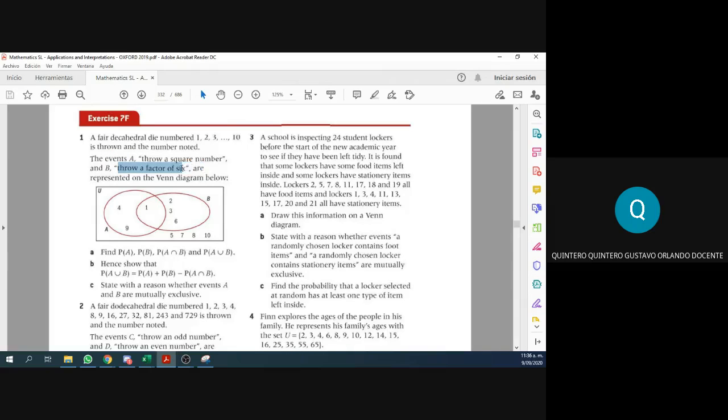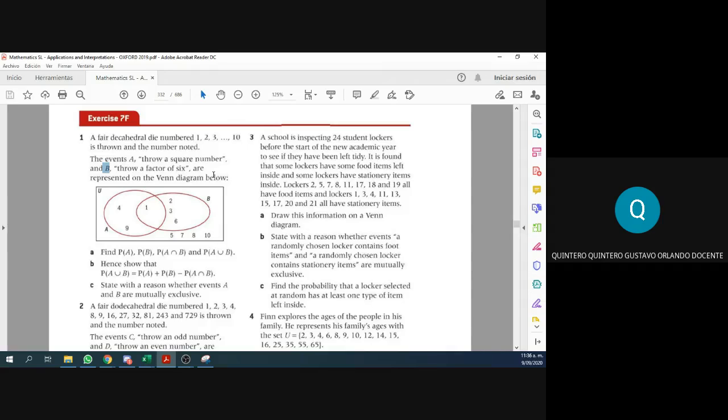Now, an example of event B, a factor of 6. What is that? Maybe 6 is a good example. 6 is a factor of 6. What is a factor, guys? Well, a factor is a number that can divide 6.